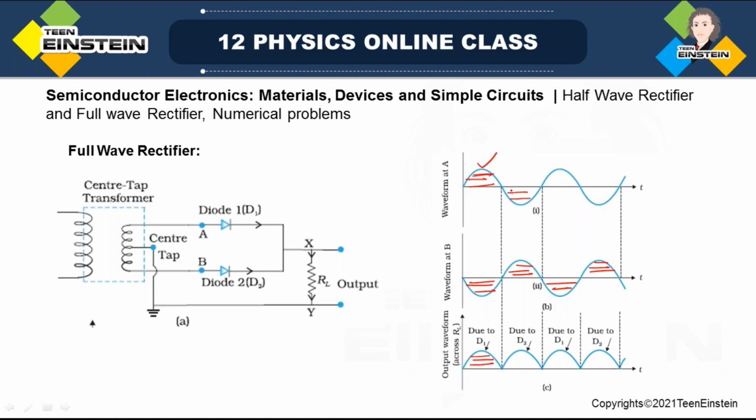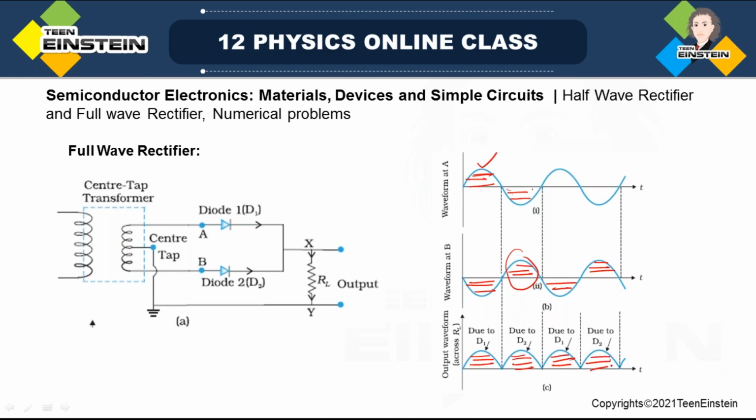Now when the signal is in the negative half cycle, D2 will conduct, because there will be positive potential at the P side of the PN junction diode. Then again during the positive half cycle, D1 starts conducting.